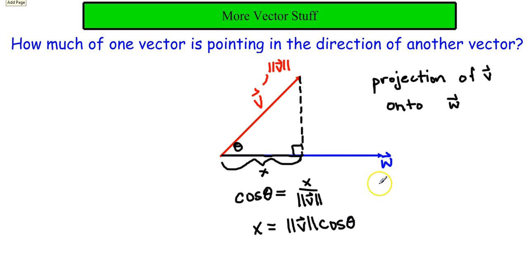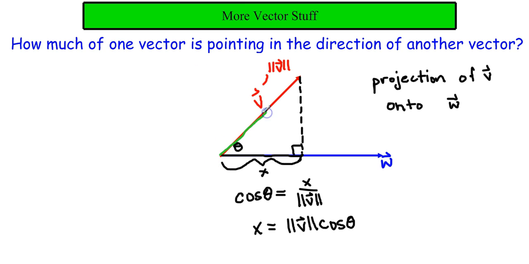So a couple things to recognize about this projection of v onto w. Number one, it's dependent upon how long vector v is. Okay, so the length of vector v is going to factor into this, and we can think about that in general terms. What happens if we've got a vector that is a little bit shorter than v?